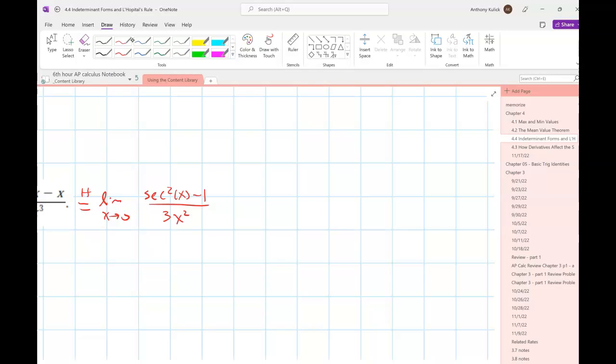What's secant of 0? Secant is 1 over x. Nope, at 0, we're at the point 1, 0, so secant is 1. So 1 squared minus 1 is 0, over 0 is still indeterminate. So what should we do? L'Hopital again.